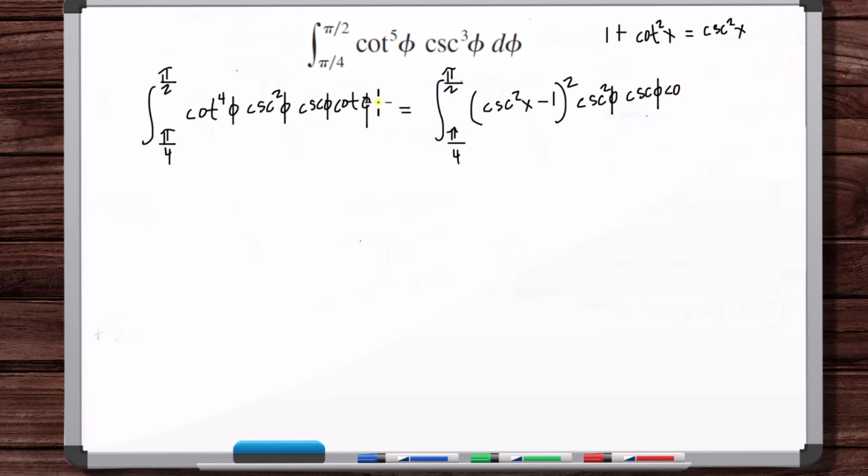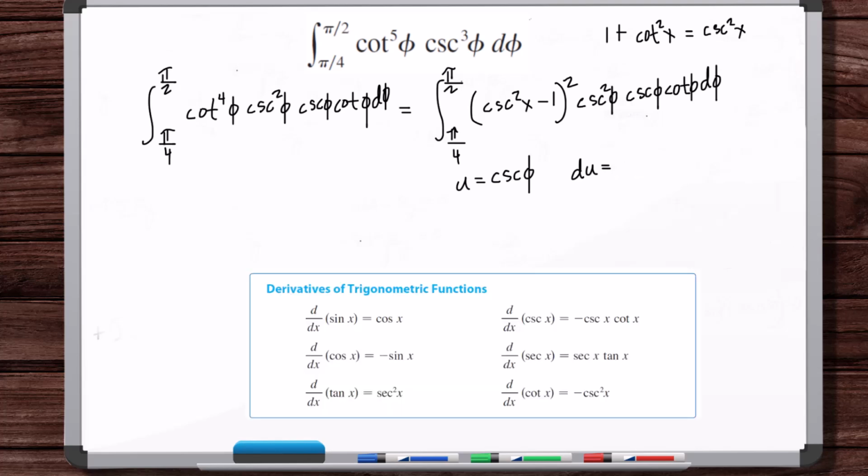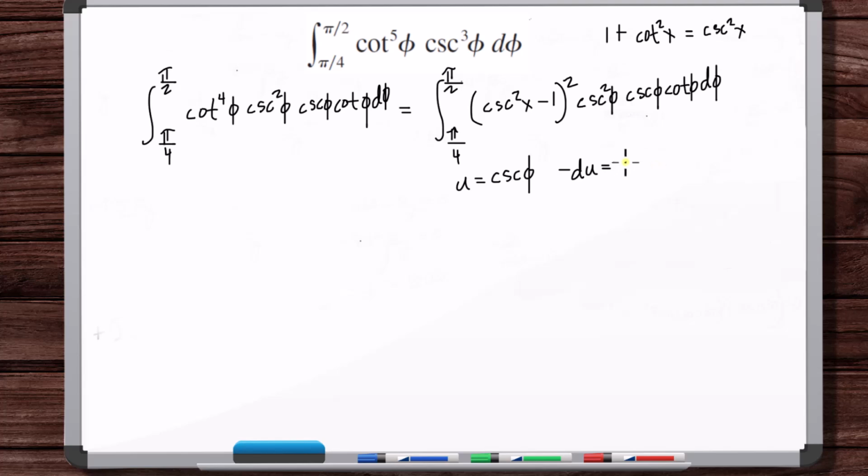Oh wait, this has a d psi. Okay. So now we say u is equal to cosecant psi, and therefore du is equal to minus cosecant psi cotangent psi. And so we'll put the minus here. Okay, so there you go, d psi.